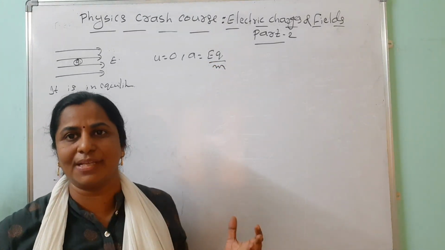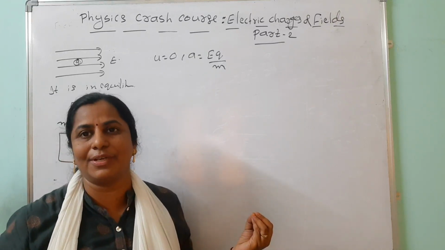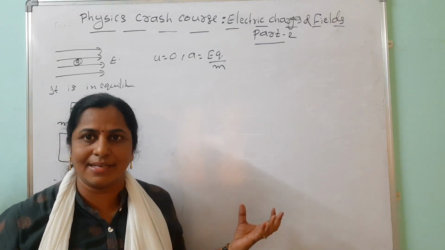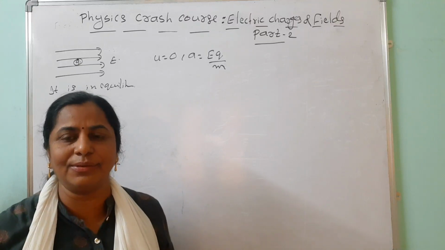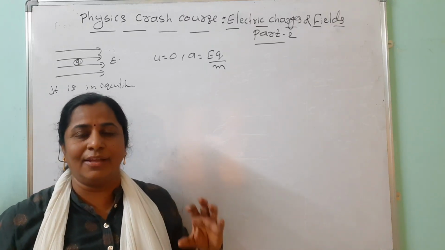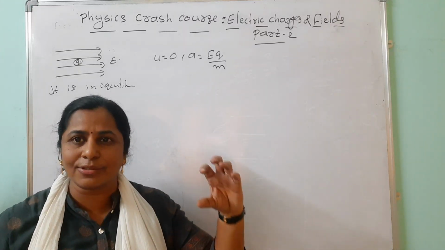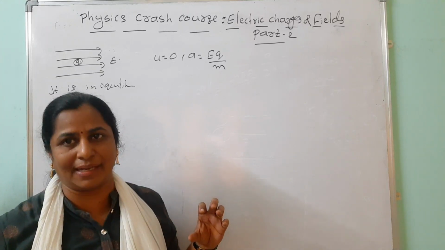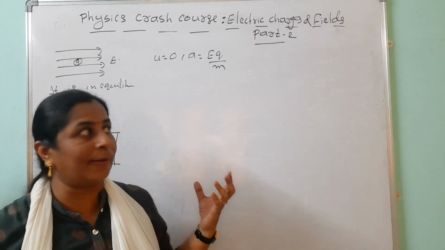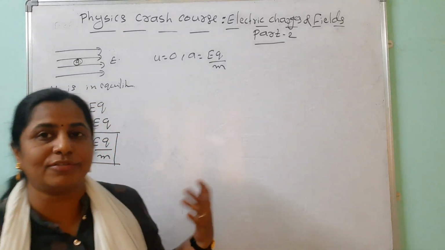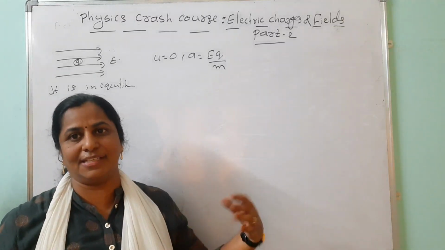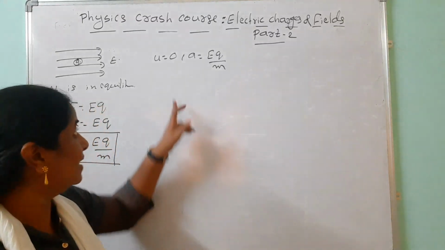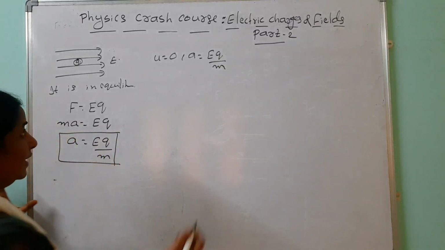V equals u plus at. Then s equals ut plus half at square. Sn equals u plus a by 2 into 2n minus 1. So wherever the acceleration is, here also the charge is moving in the uniform electric field. Suppose it is moving, we can find the final velocity, displacement, acceleration, whatever it is. Already we can find acceleration like this.